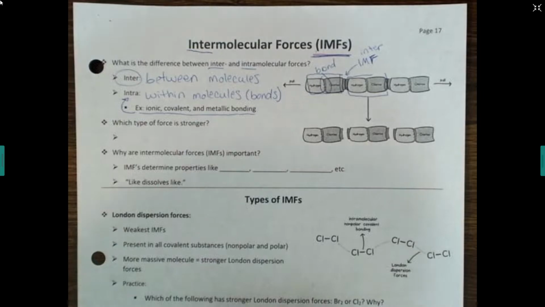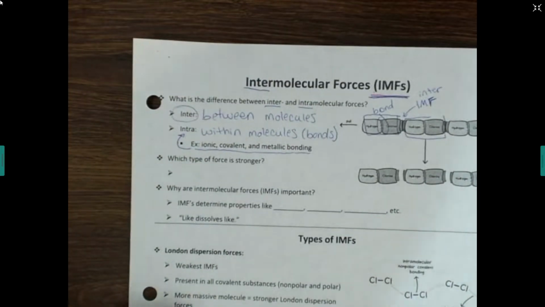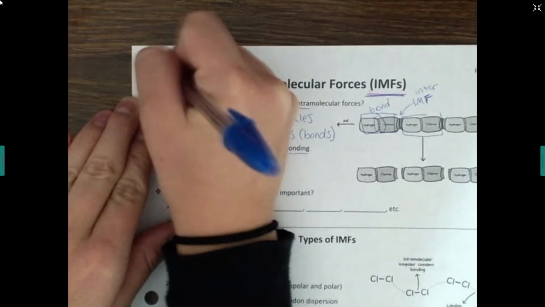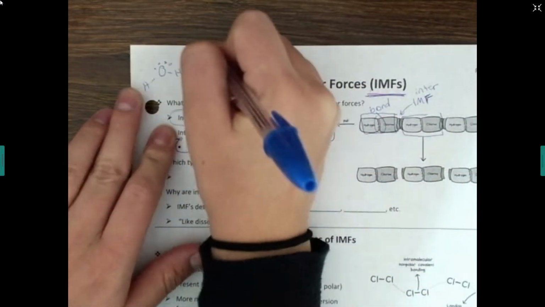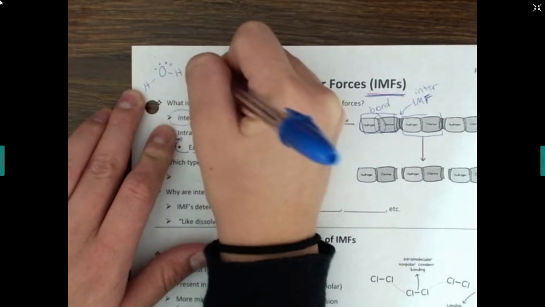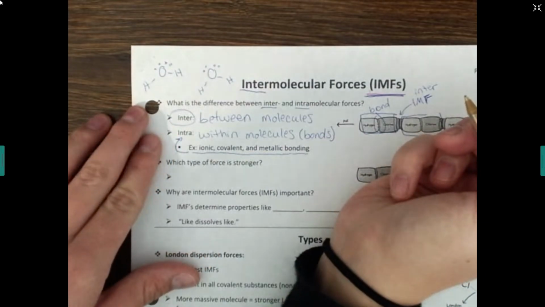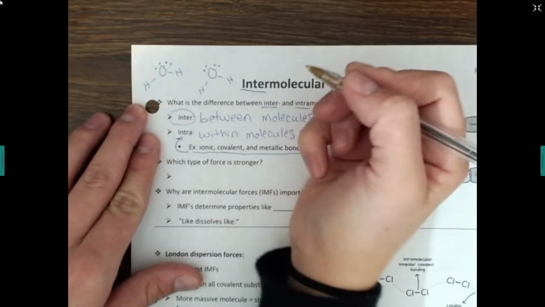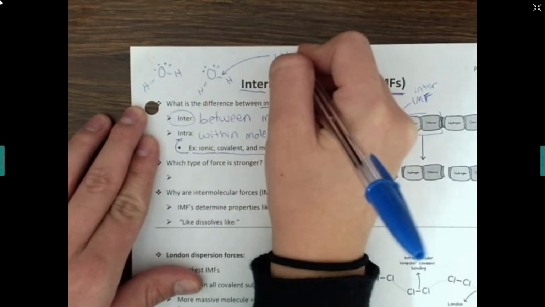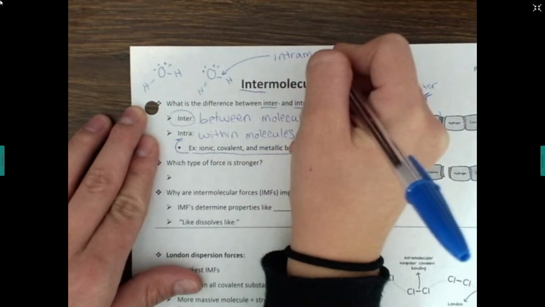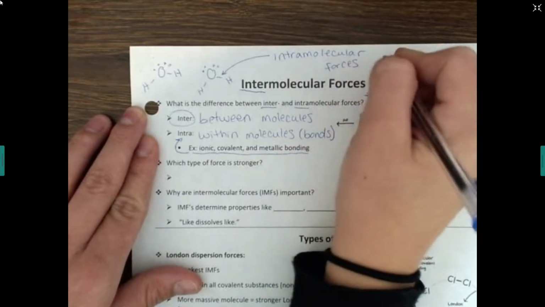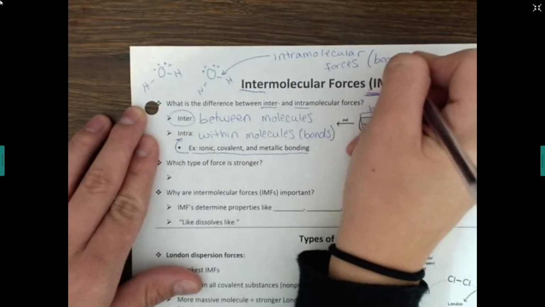Okay, so let me just draw another little picture up here. If we're talking about water, I'm going to draw a water molecule, and I'm going to draw another water molecule like this. These things are the intramolecular forces, or the bonds, aka bonds.